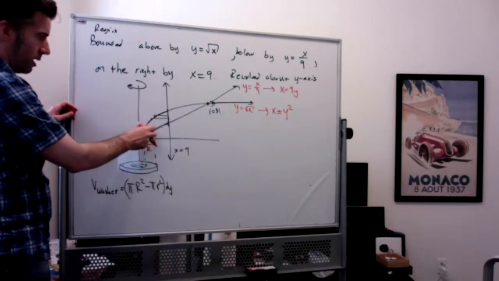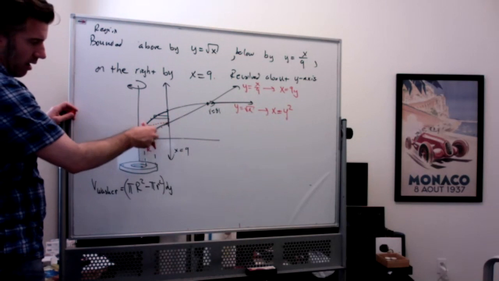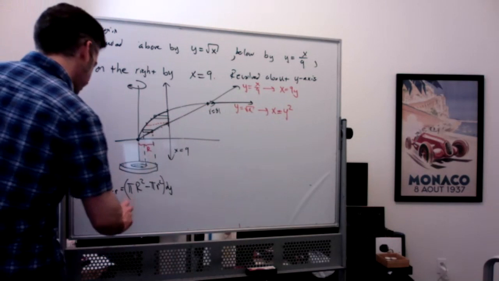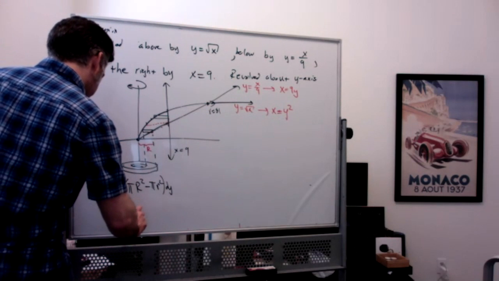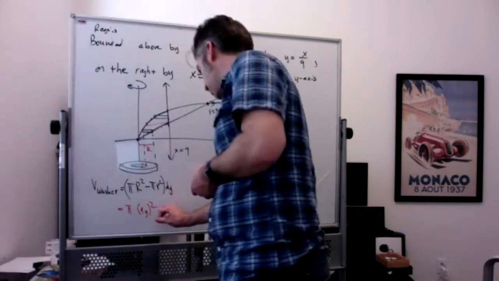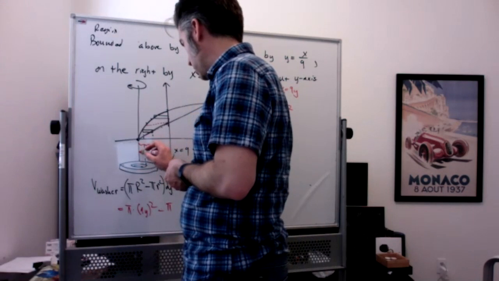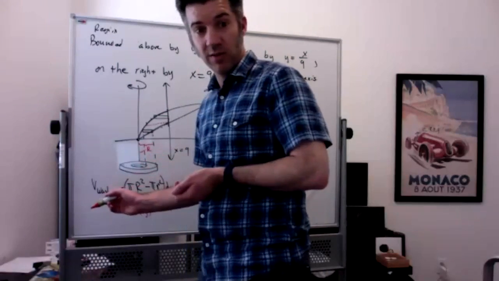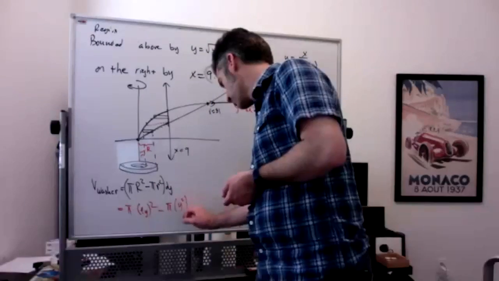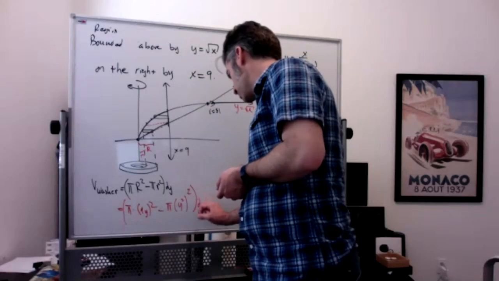So in this little spot, up until we get to this breakpoint, the outer radius is x equals 9y, and the inner radius, that really small radius, is going to be x equals y squared, all times dy.